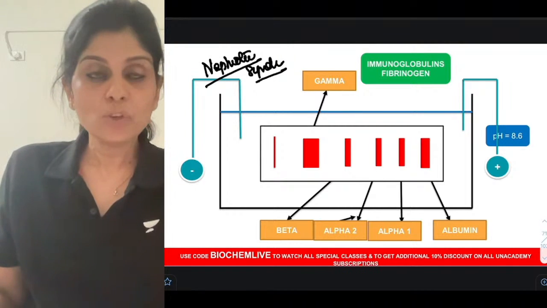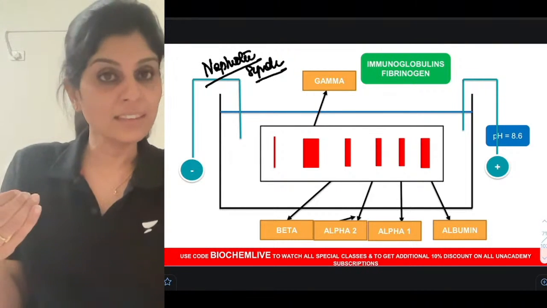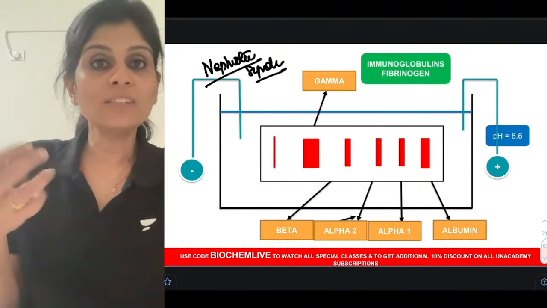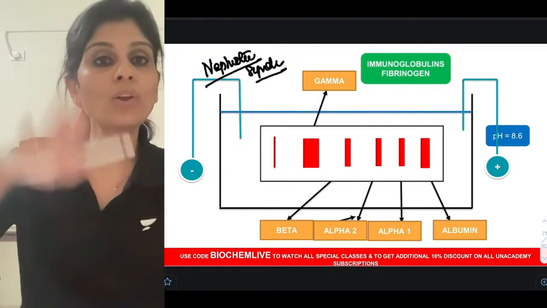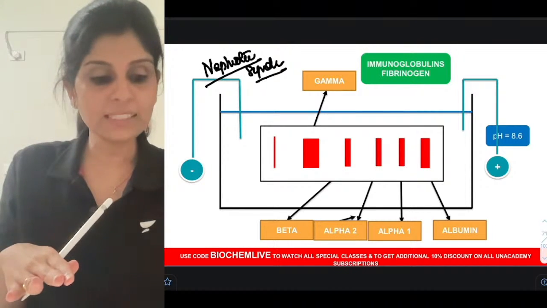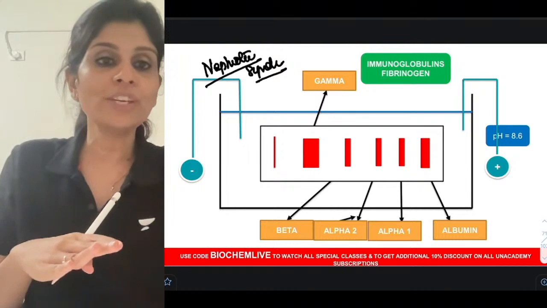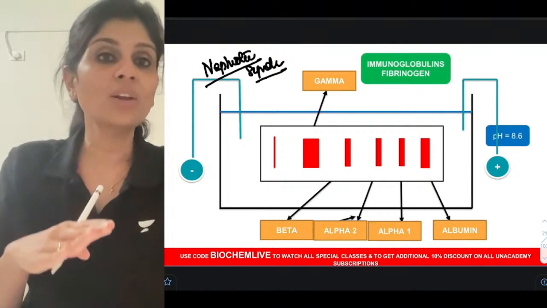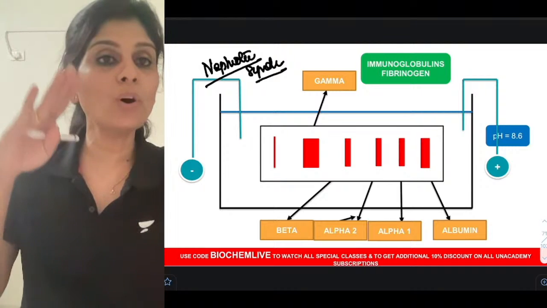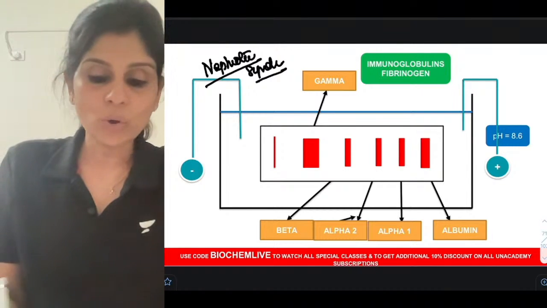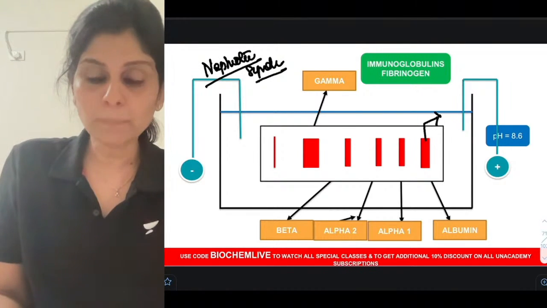Nephrotic syndrome is a leaky glomerulus, right? So when there is a leaky glomerulus, all small proteins will get lost through the glomeruli. Very good, selective proteinuria. So all small proteins get lost, and albumin will get predominantly lost in the urine. So how will the albumin band be?